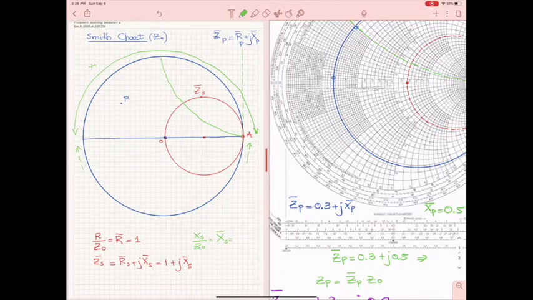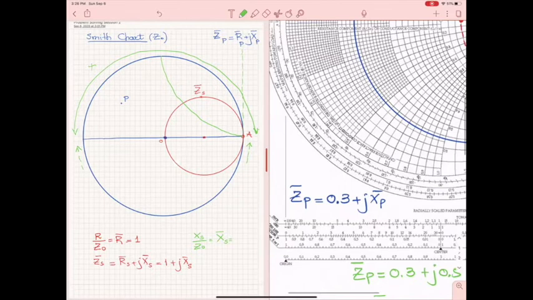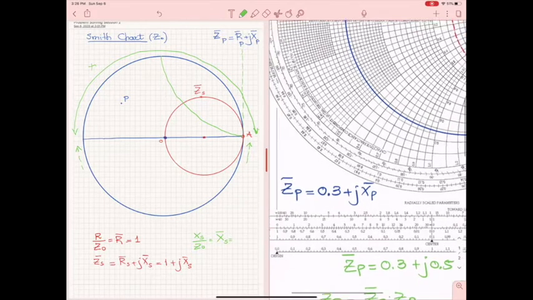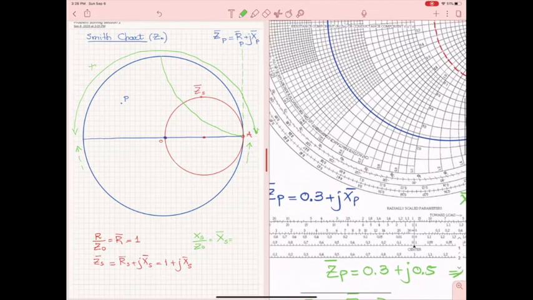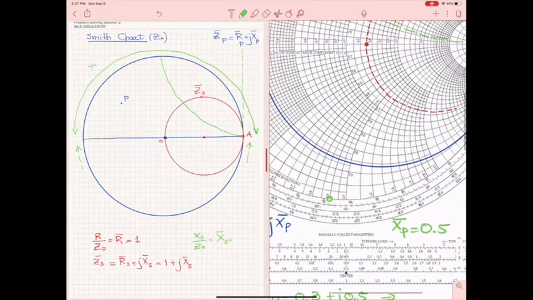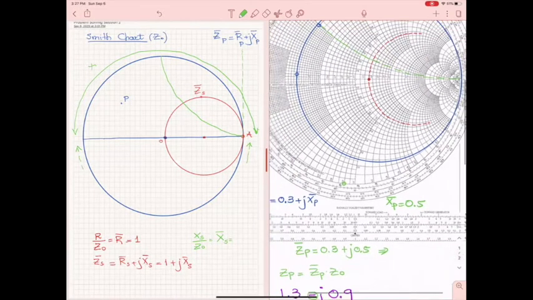So I have to be on the lower side of the chart and look for 0.9, which is here, and put a note: this is where the circle of constant reactance goes through, and it is negative.